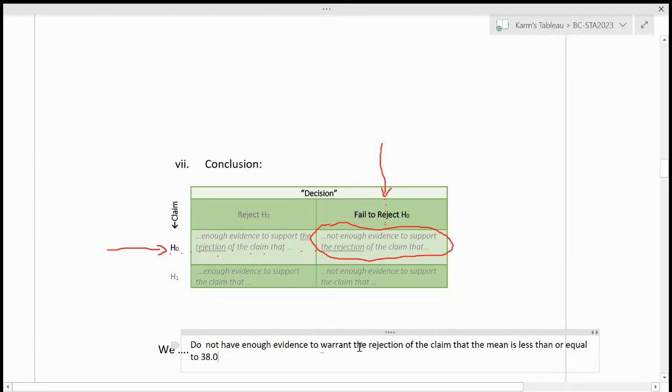We can say warrant, or we can say support.